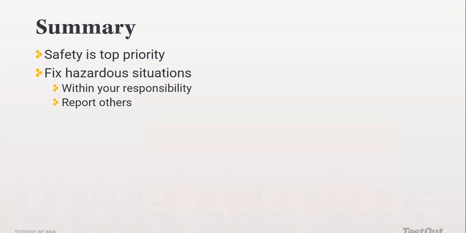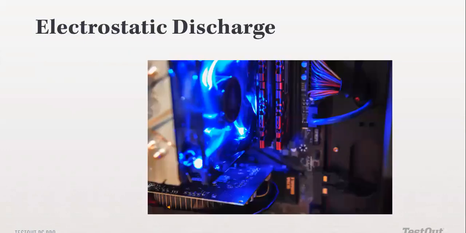How do you ensure your safety? We talked of a lot of measures, and we also talked about how you fix or manage hazardous situations. Right now, we are moving on to electrostatic discharge. I will believe that nobody here knows about electrostatic discharge, so I'm going to take it from the ground level.